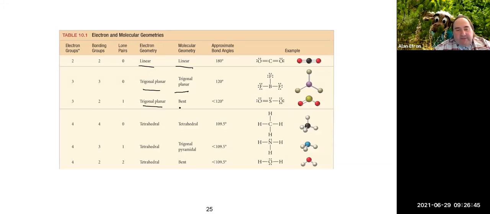We start introducing some dots. We get some differences here in the molecular geometry name. We also start to see that the bond angle gets a little bit less than the all-bonding bond angle. So here with our tetrahedral, these guys have dots and some different molecular geometry names, and again, some differences in the bond angle.